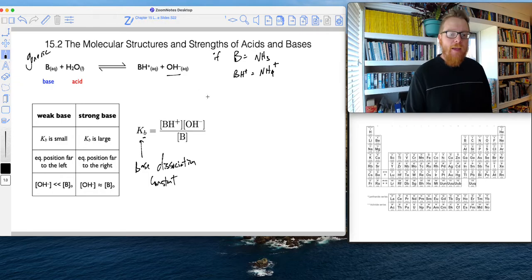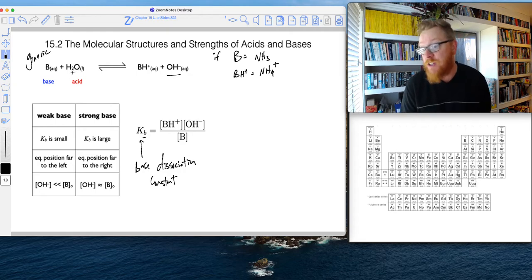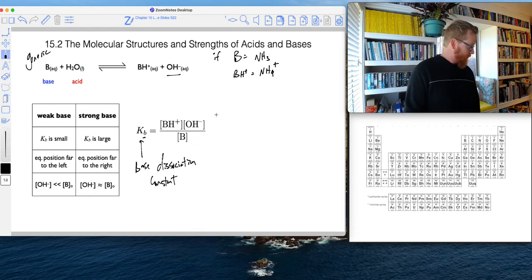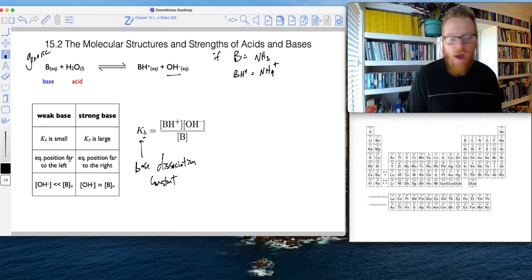Okay. And so now if I'm writing this equilibrium expression, you can see that even though I have to use water in this weak base reaction to demonstrate how the hydroxide is produced, the H2O liquid does not appear in the equilibrium expression. Okay, so that's important. So now let's talk about this little table here.